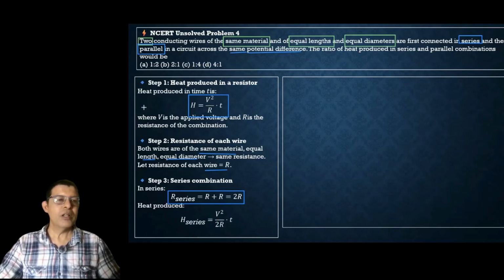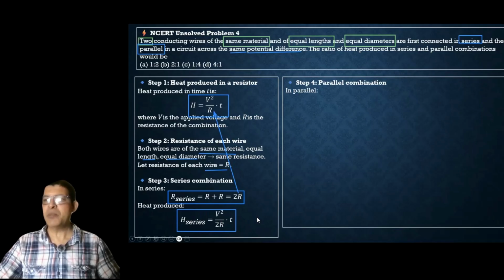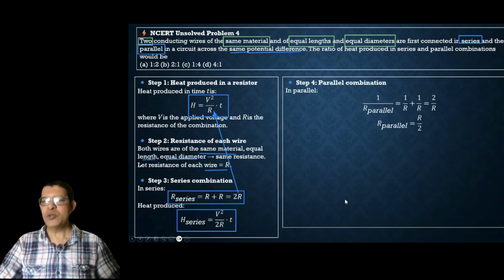We take this 2R and put it in R. So finally we will get the new equation: for series combination, the heat is V square by 2R into time. Next, now for parallel combination is reciprocal of the resistance, right? So you'll get R parallel will be R by 2, which is clear, right? R parallel will be resistance by 2.